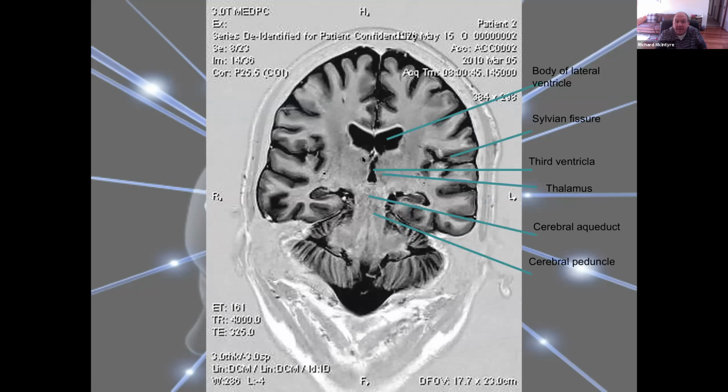We're seeing the lateral ventricles, the third ventricle, the cerebral aqueducts. Okay, we're seeing the spinal cord. We're seeing the hippocampus in the temporal lobes. And what else are we seeing? The cerebral peduncle.